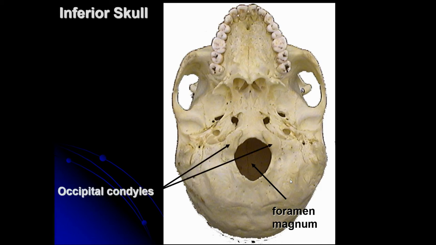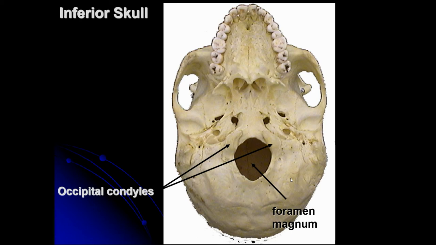On either side of this foramen magnum, we can see ridges. And if you look here, you can see them pretty well. They're sort of shaped like footprints, and they're raised. They're ridges. Well, these connect to the first vertebra. And so this is where the skull articulates with the vertebral column.